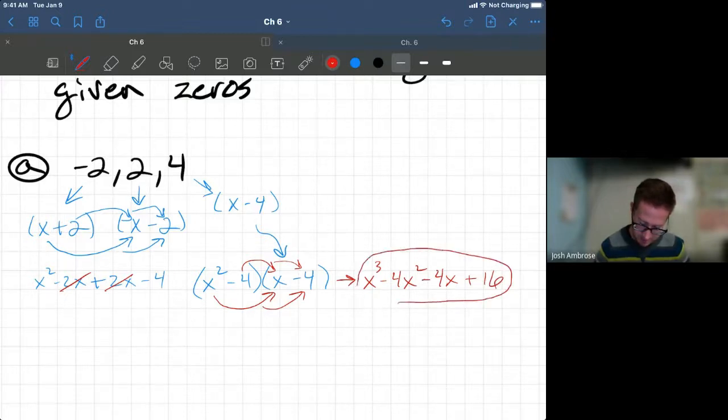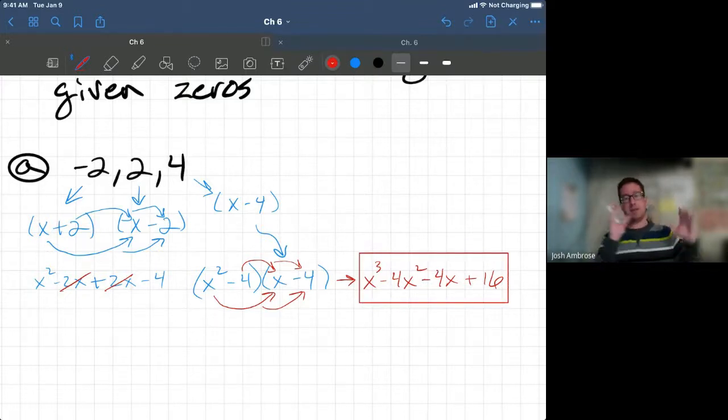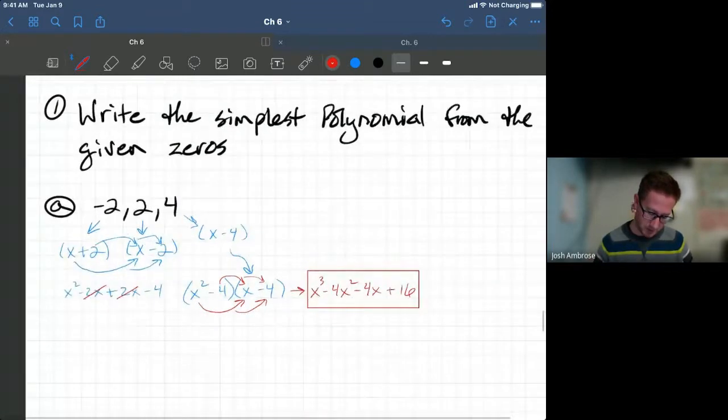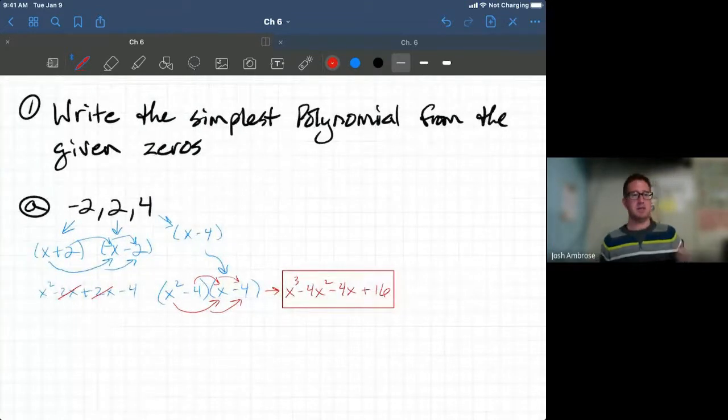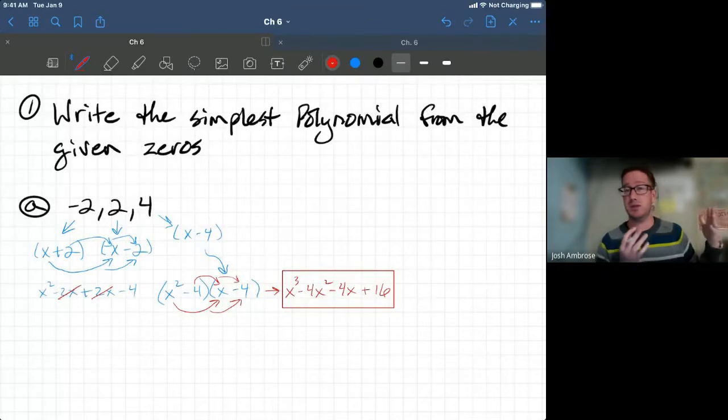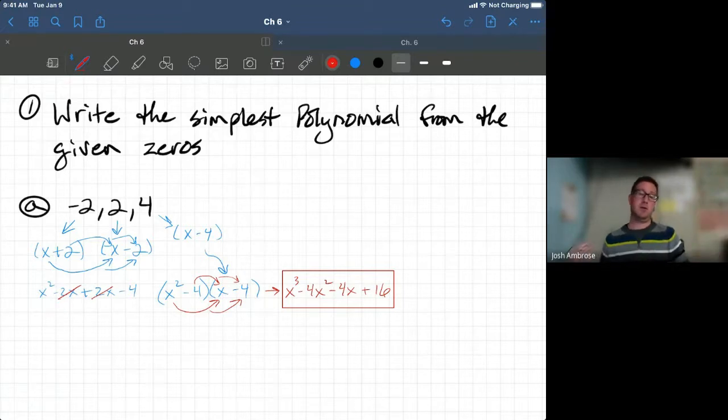This is as far as we can go. That is in perfect descending order of exponents, and everything is as simplified as possible. If we zoom out, you see we started with just 3 number values, the 3 roots, the 3 zeros, and we had to go backwards and create the polynomial that would make those roots.